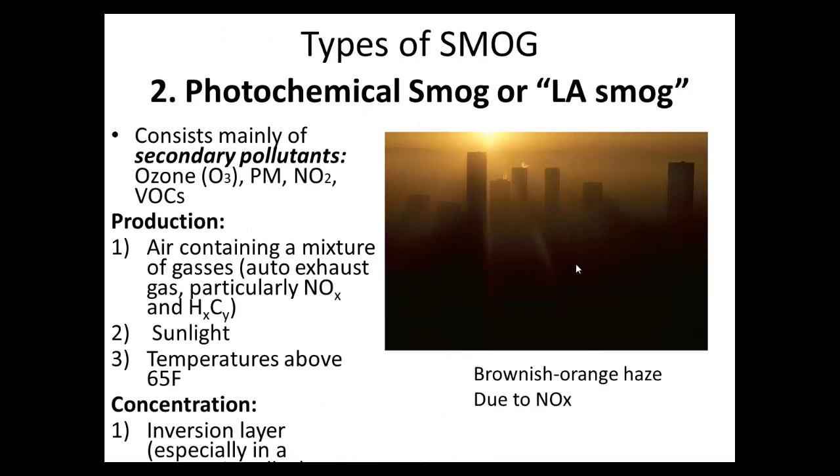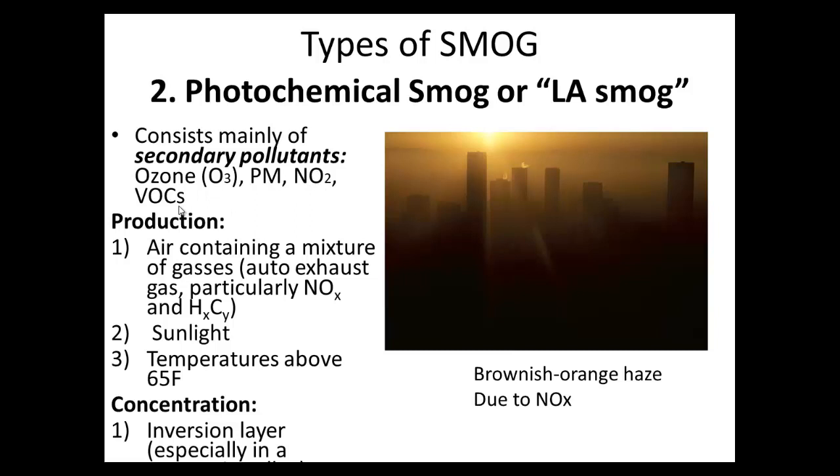The other type of smog, which you're probably more familiar with, is photochemical smog, also called LA smog. It's a brownish-orangish haze like this, and that's actually due to the NOxes, the nitrogen oxides in the air. It consists mainly of secondary pollutants: ozone, particulate matter, nitrogen dioxide or NOxes, and volatile organic compounds.